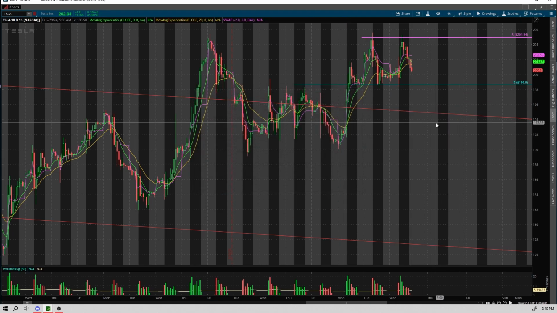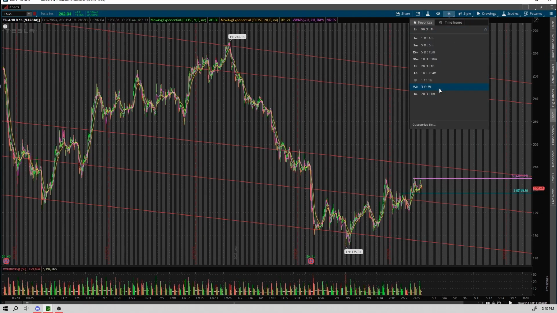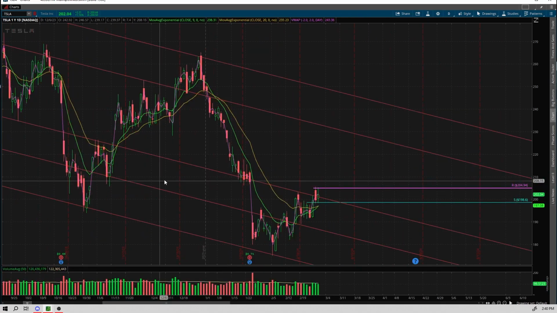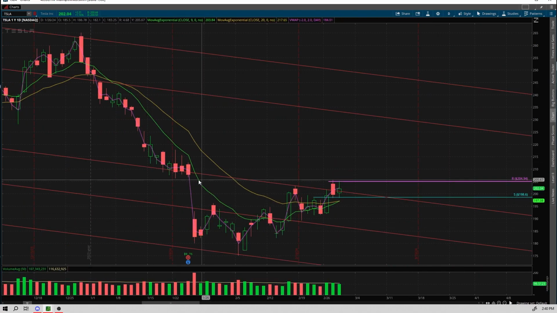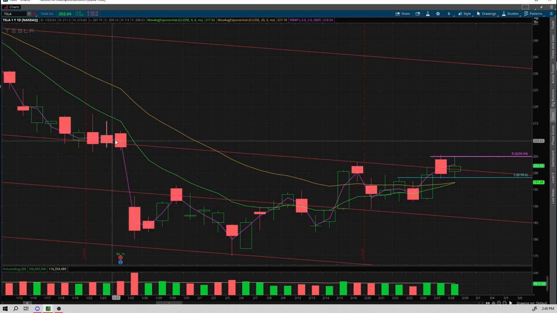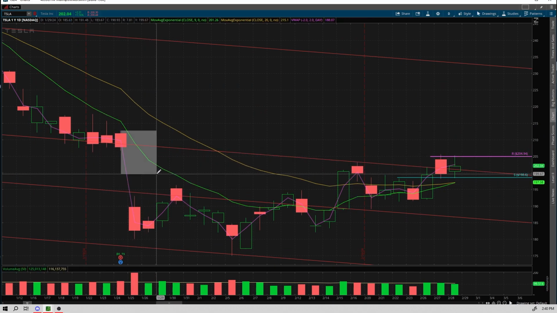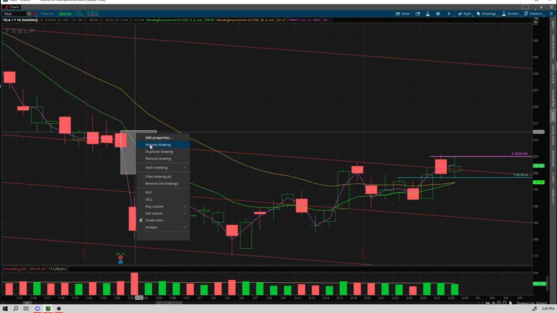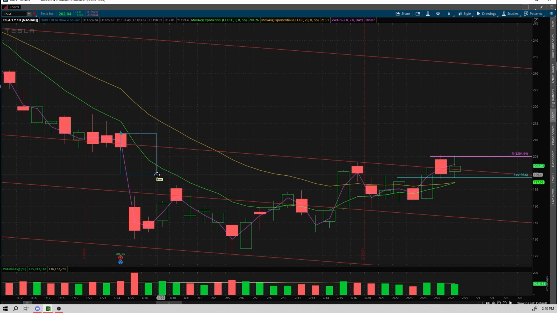All right, so now what I also see is, on the higher time frame, we did have a gap that needed to be filled. So we still have some filling to do. All right, so on our gaps, this is how we do it. This is where we closed. So we'll do it from open to close.